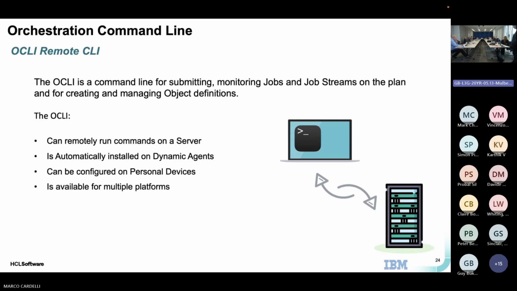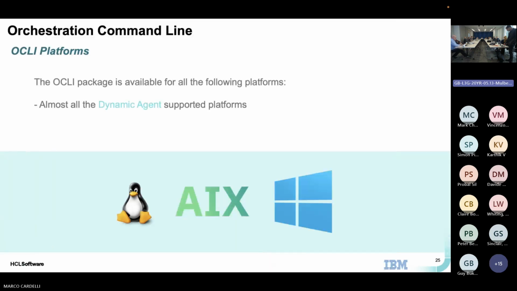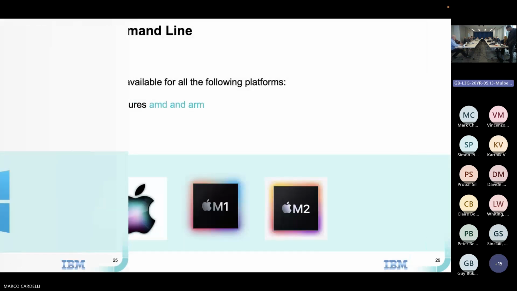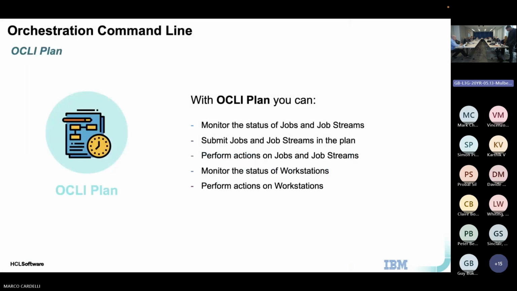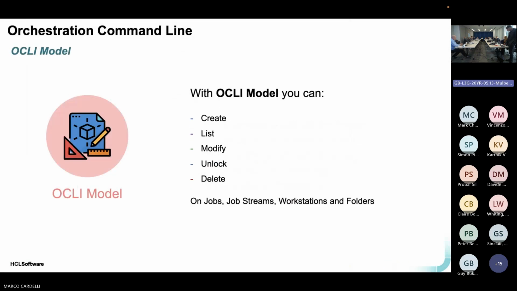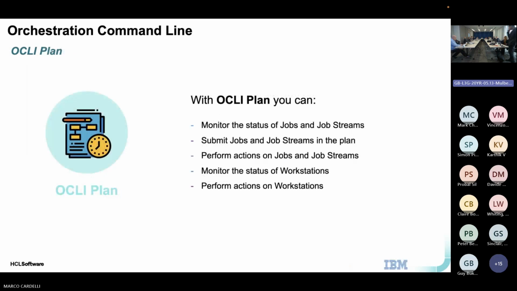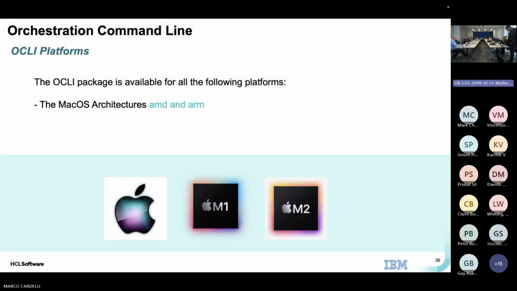Currently, with the CLI, you can do something that in Composer is impossible: have a single file with mixed object definitions inside and import it. On Composer, you need one file for each type of object. So one file for calendars, one file for job definitions, one file for job streams. And if you have a single application that you want to move from one environment to another, it's a mess, because you have to move 4 files: variable table, job definition, job stream, and if you also have some calendar, 5 files.